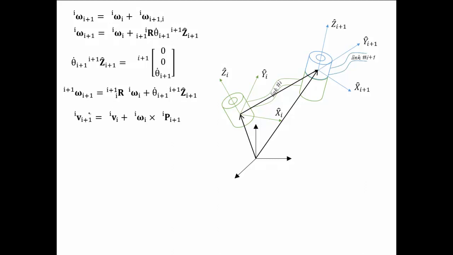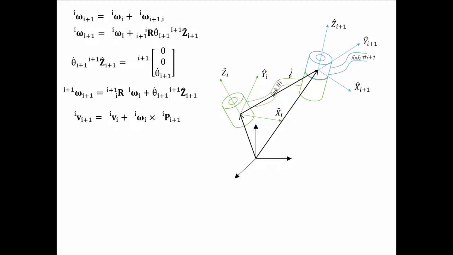Alright, so similarly we have the linear velocity of i+1, which means the linear velocity of this joint, or you can say this point, the origin of link i+1, as seen in frame i. It will be equal to the linear velocity of joint i, or the linear velocity of the origin of link i, plus omega cross p_{i+1}, where p_{i+1} is this.